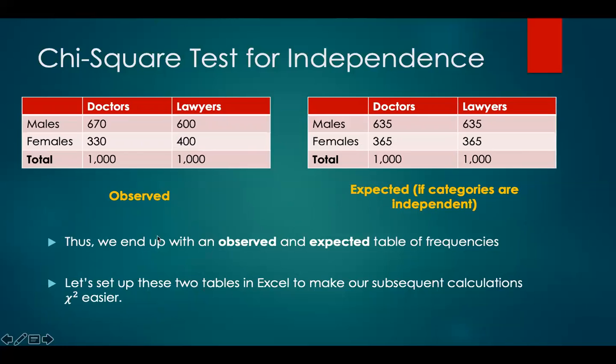Thus, we end up with an observed and expected frequency table for these two situations. Now let's set up these two variables in Excel to make our subsequent calculations easier.